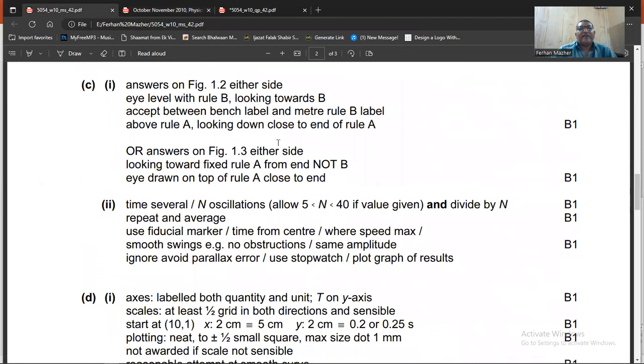So this is the marking scheme of that question. Time several, meaning n oscillations, where oscillations must be more than 5 and less than 40, and divide by n. Repeat and average. Use a fiducial marker.